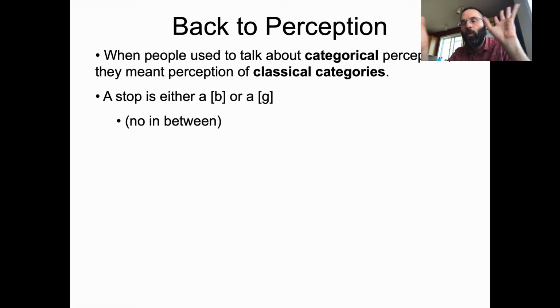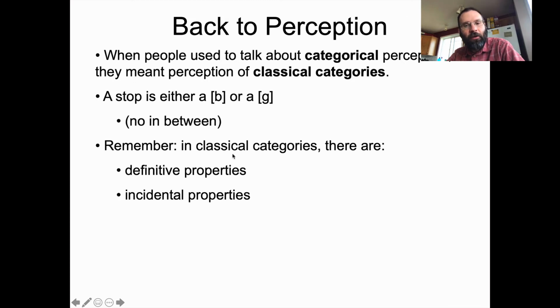So a stop winds up being either a B or a G, and there may be a little bit of leeway in how often you label a particular stop as one or the other. But once you get there, then that's what you use. Your mind just abstracts it into that category, and that's what you use for interpreting the rest of the world whenever you hear that same sound. The important point is that in your mind, there's not supposed to be any in between between a buh or a guh or a da, that sort of thing, right?